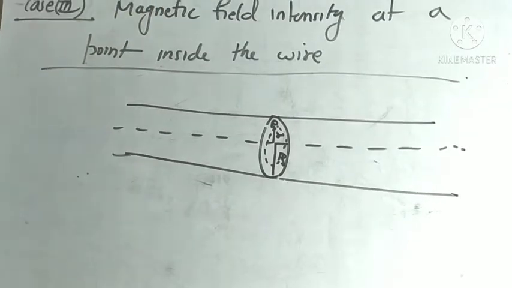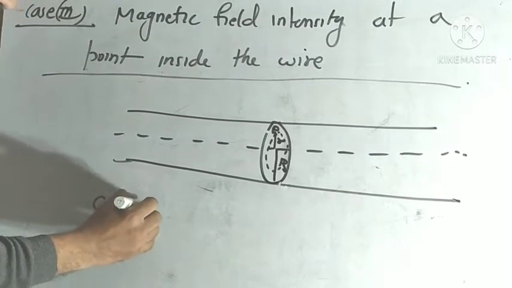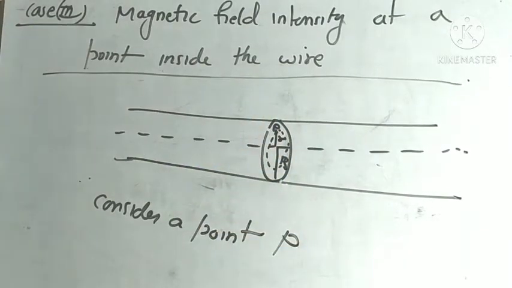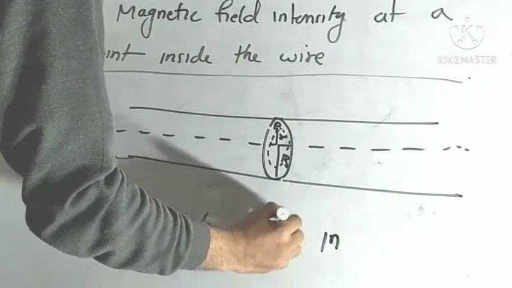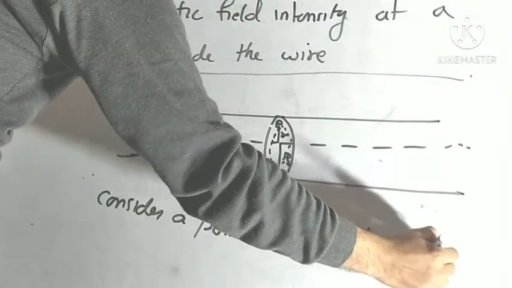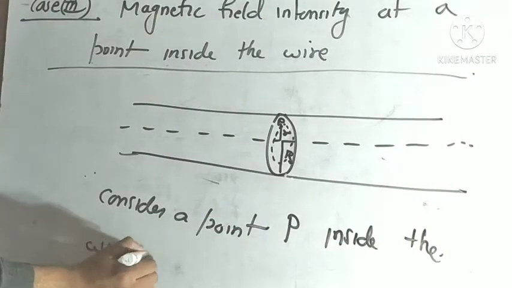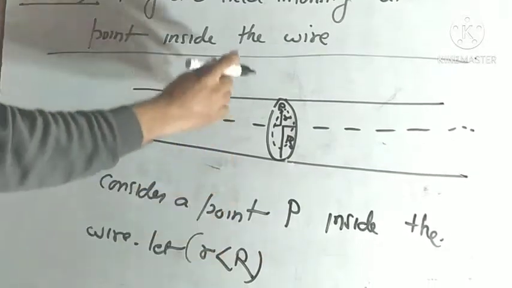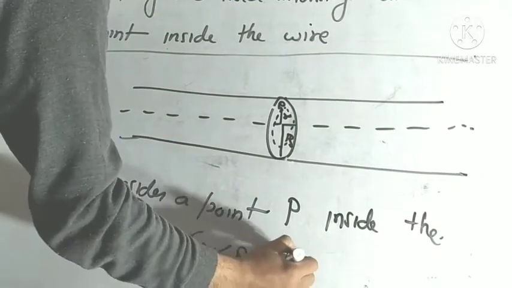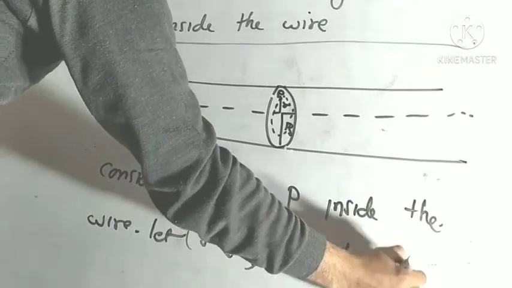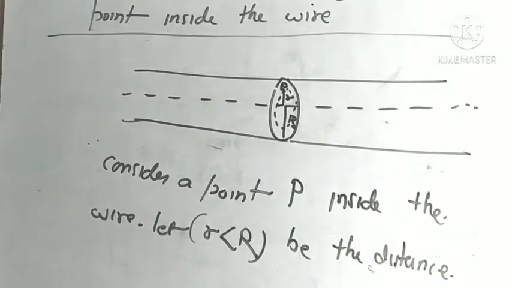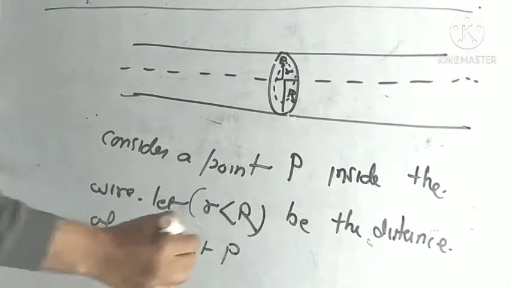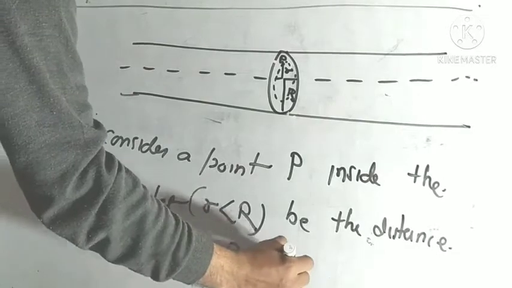So consider a point P inside the wire, and let small r, which is less than the radius of the wire, be the distance of the point P from the axis of the wire.